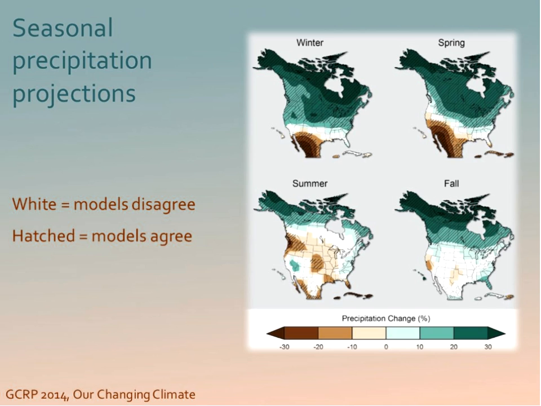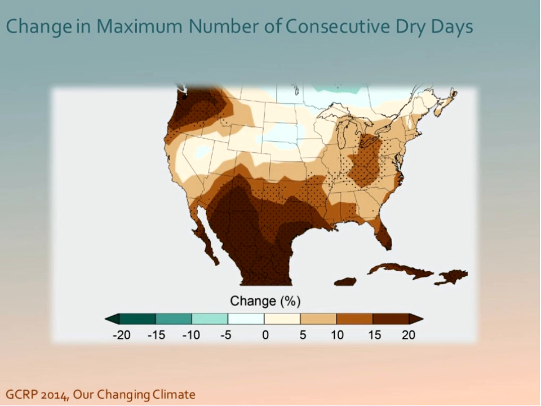And when you look at what the estimates are, even in the hatched areas, it's plus or minus 20% or minus 20% to 30%, plus 30%. So very uncertain projections.